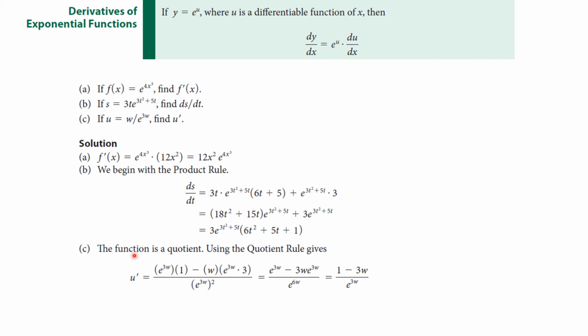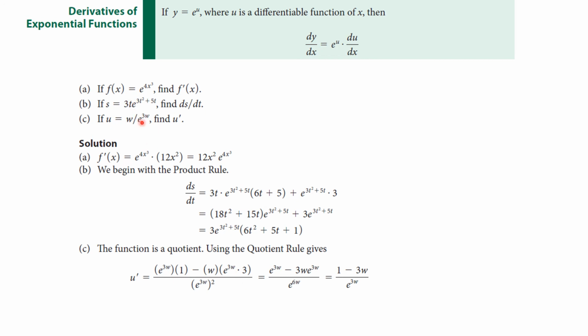The derivative of that function will be equal to, suppose we assume that this is u and this is v. First write down v, which is e to the power 3w, times the derivative of u, which is w, equal to 1, then minus u times the derivative of e to the power 3w.